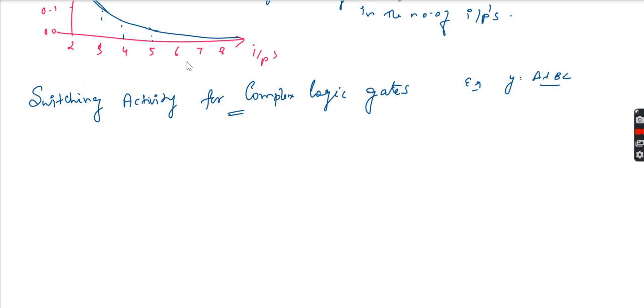For complex logic gates, the switching activity depends on two factors.